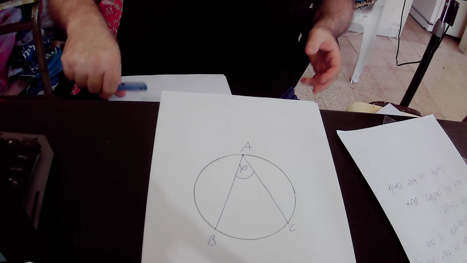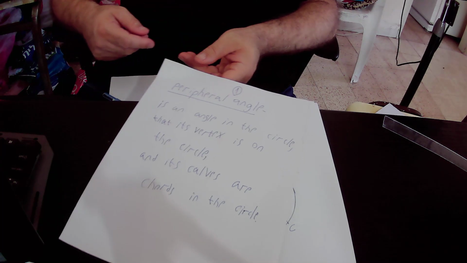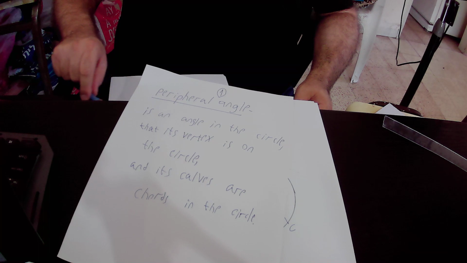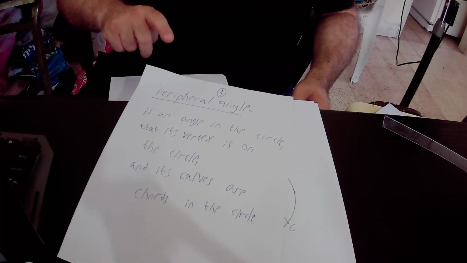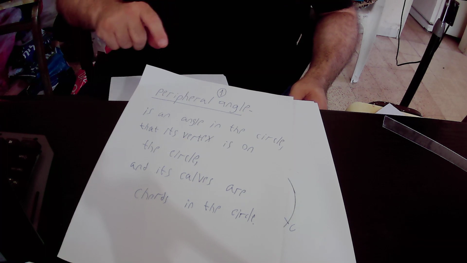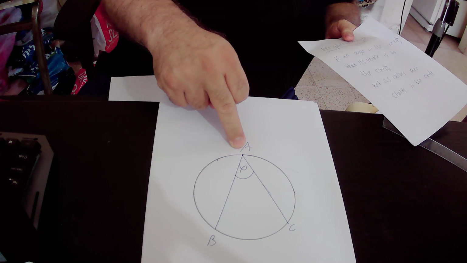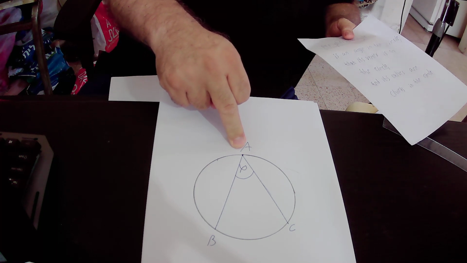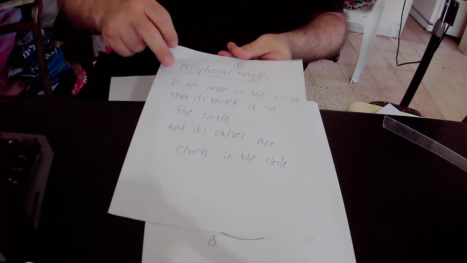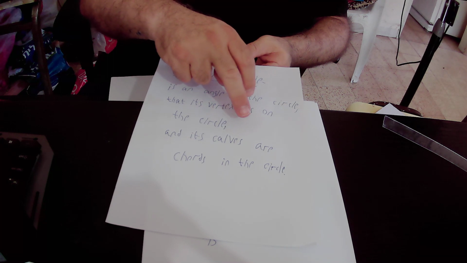Okay, so again I will read the definition of peripheral angle. Peripheral angle is an angle in the circle that its vertex is on the circle. The vertex of angle alpha is at point A, and point A is a point on the circle itself, and its curves are chords in the circle.